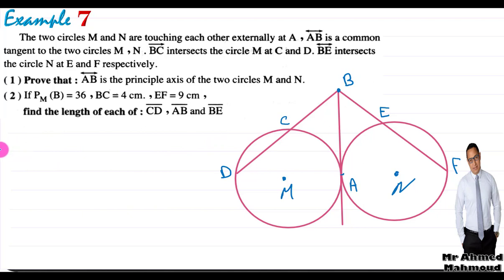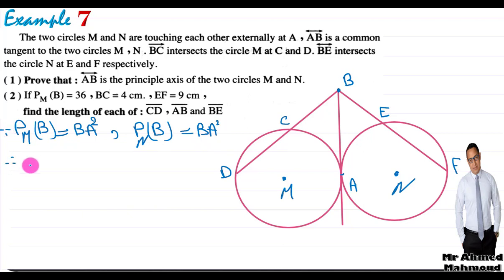To prove that BA is a principal axis, I'm going to evaluate the power of B with respect to M, which equals BA to the power of 2. And the power of B with respect to N also equals BA to the power of 2.